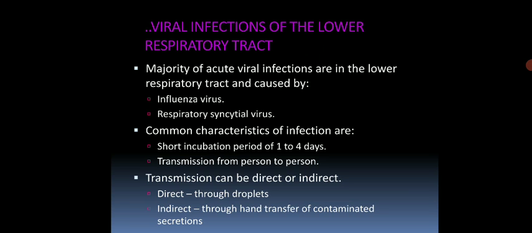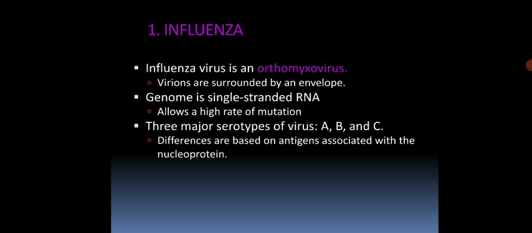Common characteristics are a short incubation period of 1 to 4 days, and transmission from person to person, directly through droplets as well as indirectly through transfer of contaminated secretions.